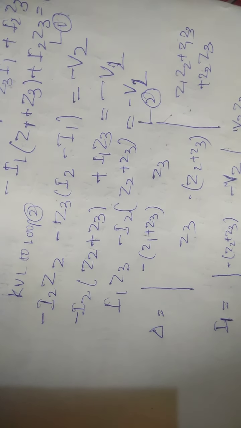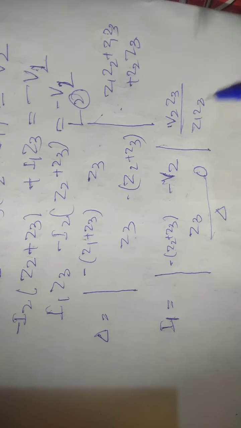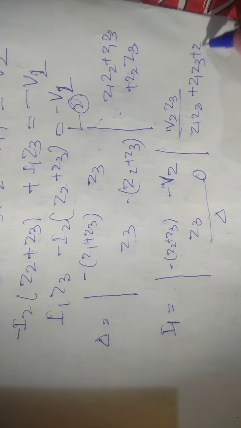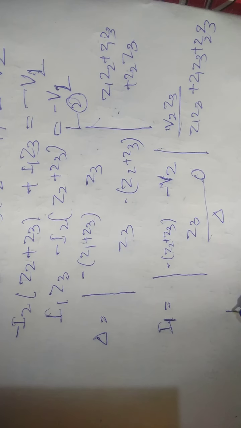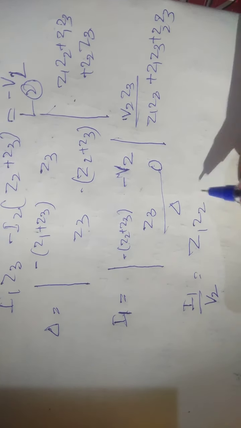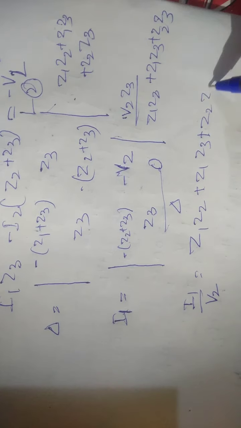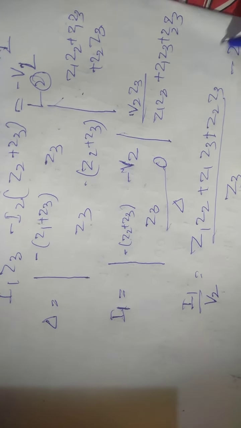V2 Z3 divided by delta Z1 Z2 plus Z1 Z3 plus Z2 Z3. I1 by V2 equals Z1 Z2 plus Z1 Z3 plus Z2 Z3 equals Z3 by equation.